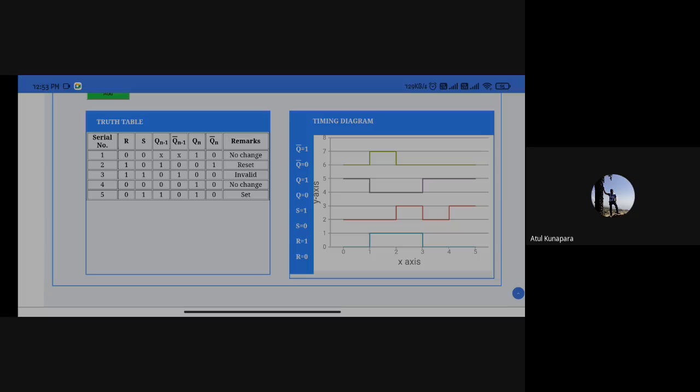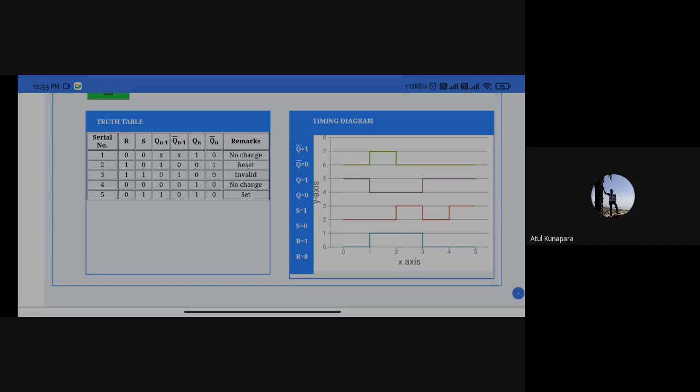And when you supply 0, 0, that gives you the no change condition. If you supply S equal to 1 and R equal to 0, you will get the set condition. In this way, you have to verify this latch: when it is getting set and when it is getting reset, that means when your output Q is equal to 1 and when Q is equal to 0.